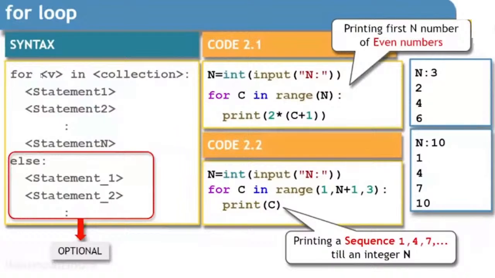So what happens in this case when this identifier takes its value from this collection, and taking the value from this collection, it goes to the segment lying under it.